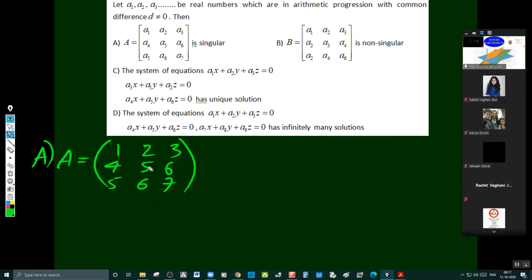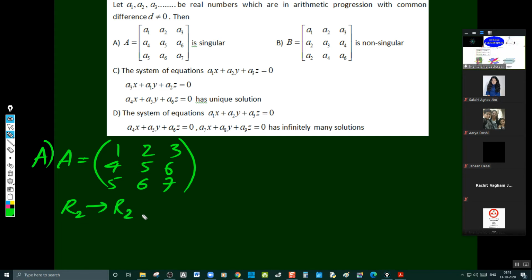Check whether it becomes 0 or not. By simple row or column operations you can check it out. Change R2 to R2 minus R1 and R3 to R3 minus R1, that is 4 minus 1, 5 minus 2, 6 minus 3.